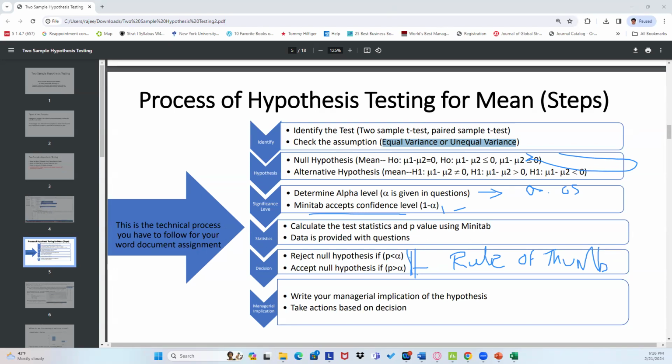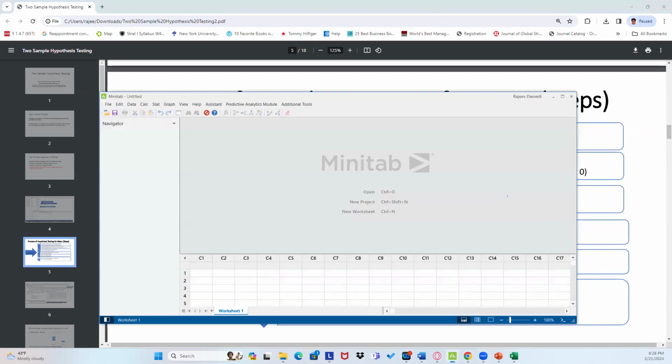Now let's start. Let me do some Minitab. Okay, so I start, this is Minitab.